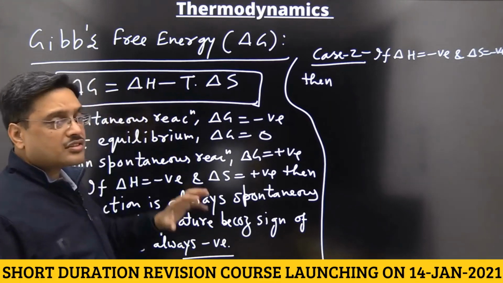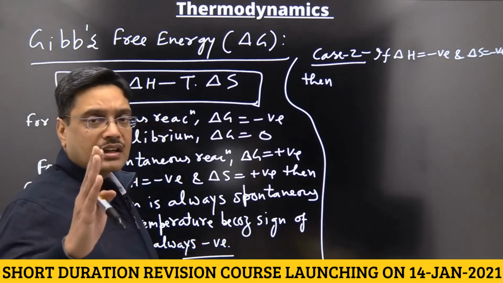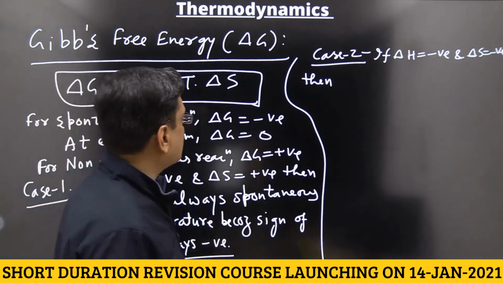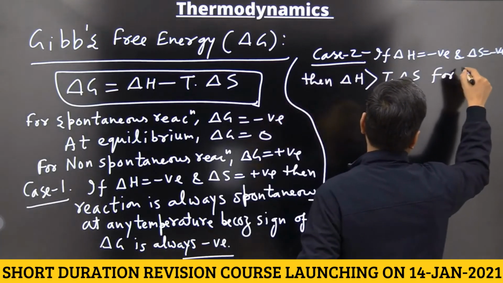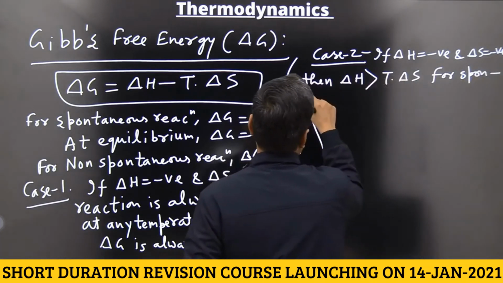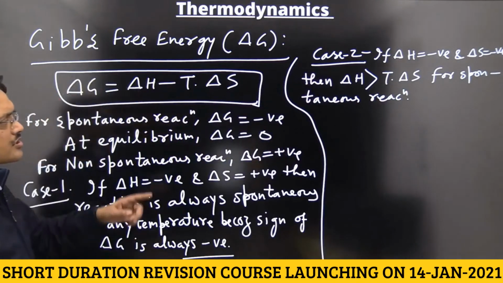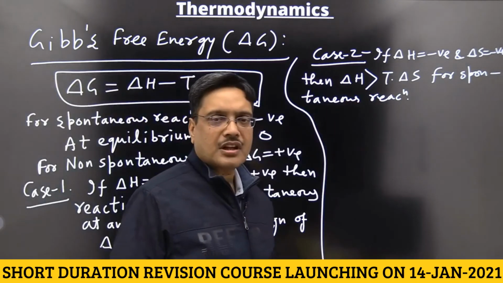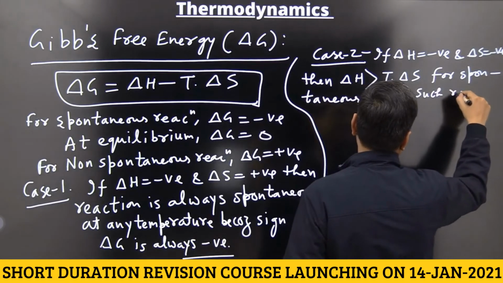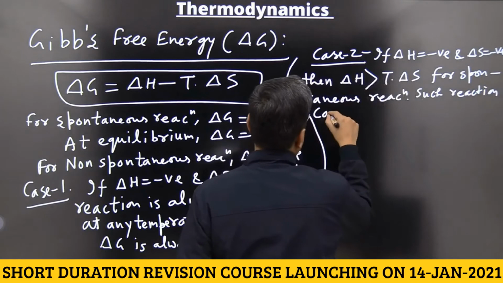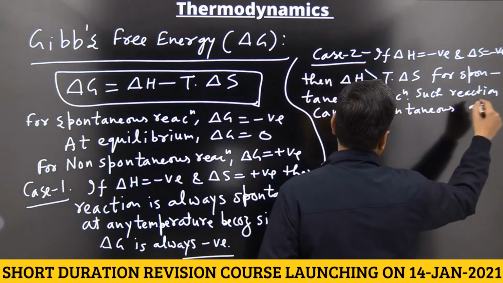For a spontaneous reaction, delta G should be negative, so the magnitude of delta H must be greater than T into delta S. Or we can say that such a reaction can be spontaneous at lower temperature, where the temperature should be low.